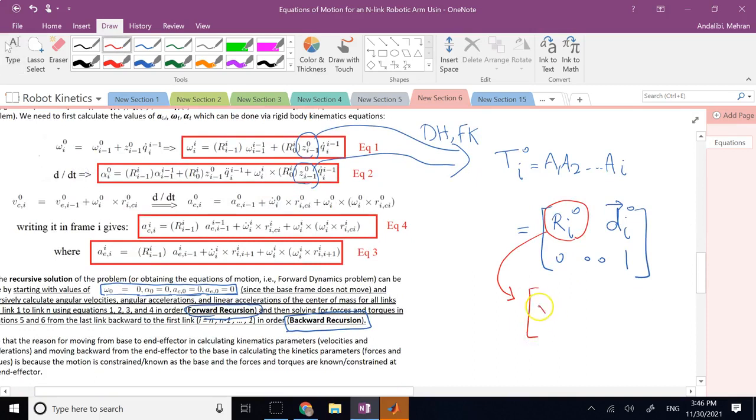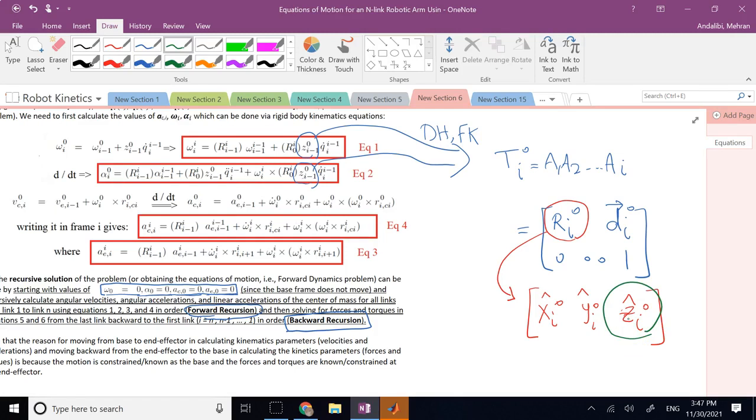The first one is x of i in frame 0, the whole unit vector, y of i in frame 0, and z of i in frame 0. So I can definitely get it from the third column of the T matrices that I have in forward kinematics using the DH method.